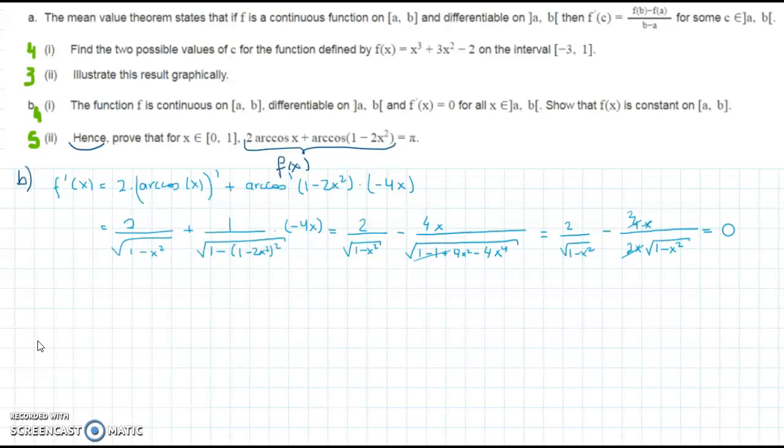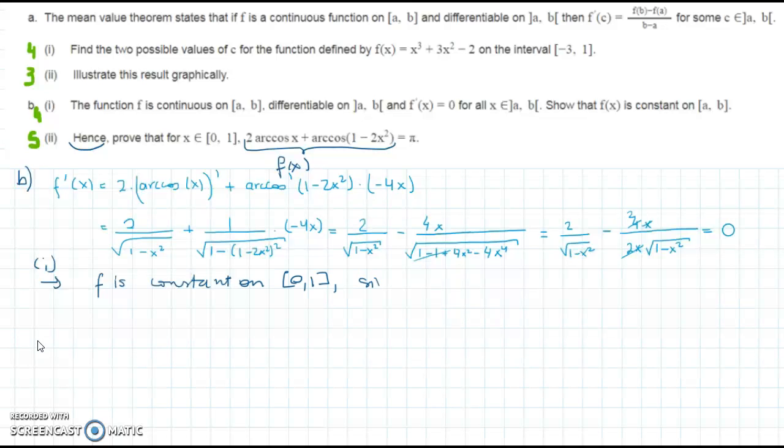Okay, if you want, you can check my computation over here. I'm not going to go over it. You can just check it if you have some doubts about maybe the chain rule in the second term. I did get that the derivative is equal to 0. So now we are ready to say that by part B1, we can conclude that f is constant on the interval [0, 1].